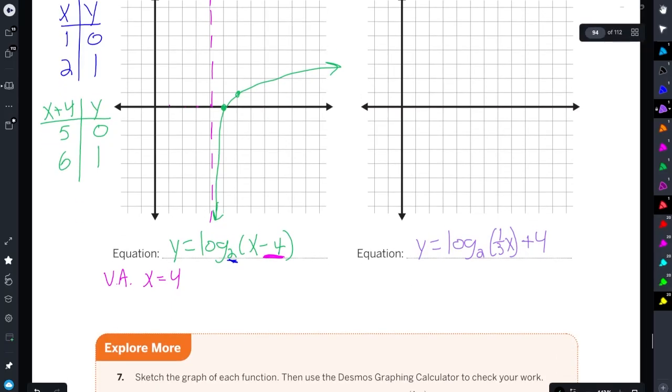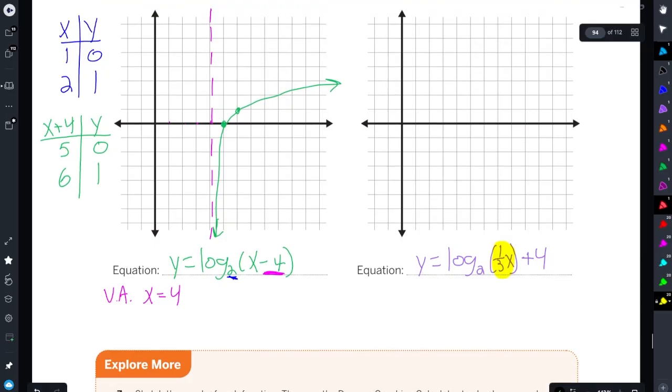We have a plus 4 on the outside, which is going to add 4 to all the y values, and we have a 1/3 inside the parentheses with x. So what that's going to do is, instead of multiplying the x's by 1/3, which you would think, it's going to multiply the x's by 3, the reciprocal. Weird things happen when we start transforming the stuff inside the parentheses.